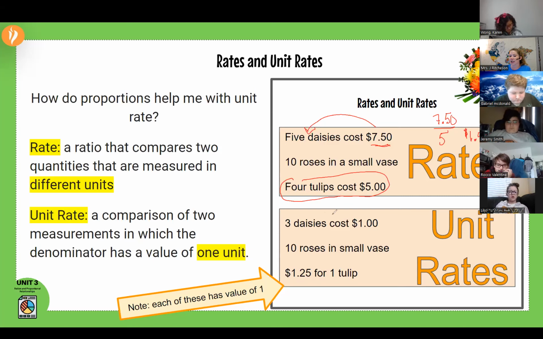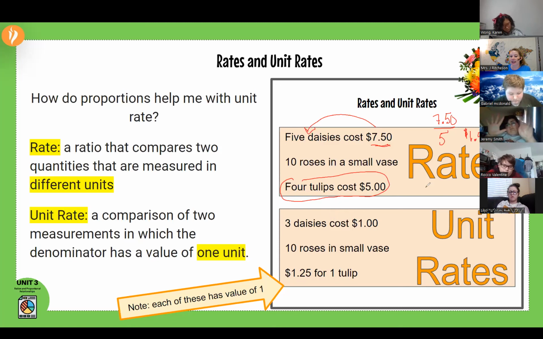All right, so what if I bought 4 tulips for $5? How much is each tulip? 4 tulips for $5. How much is each tulip? One person said $1.25. 2 people said $1.25. 3 people said $1.25. So what are we dividing? Are we dividing 4 by 5 or are we dividing 5 by 4?